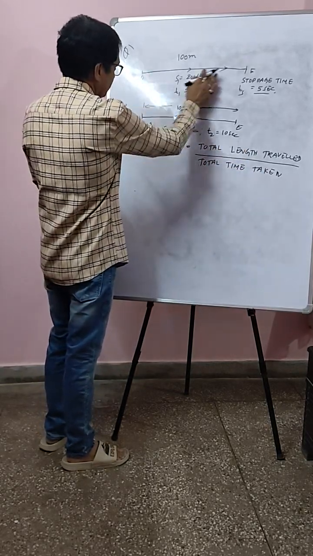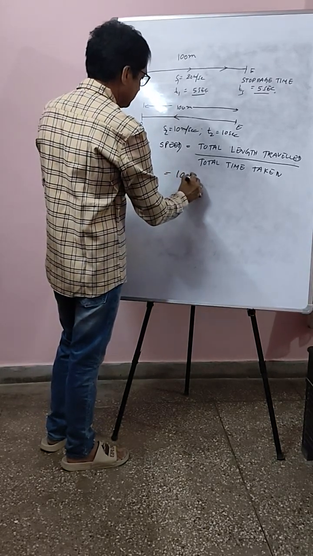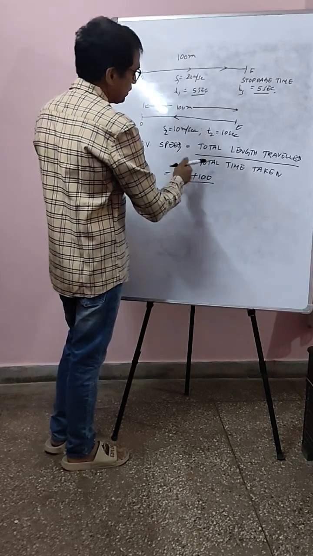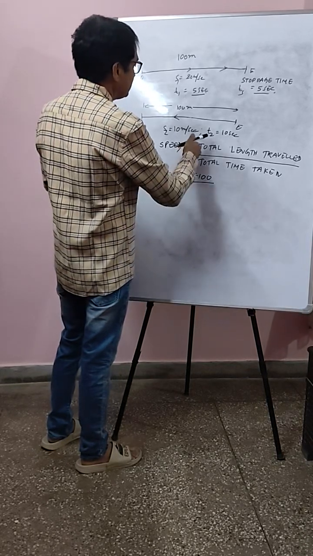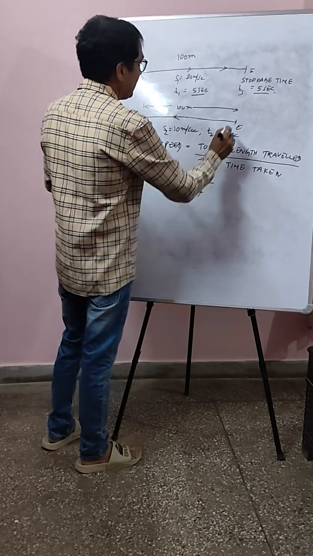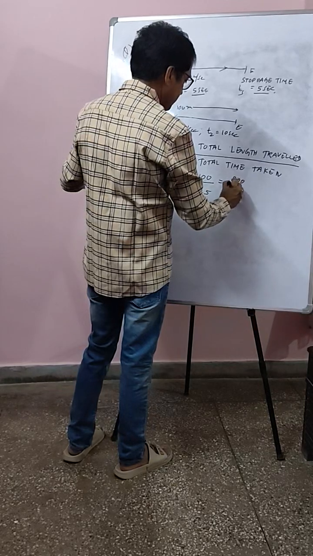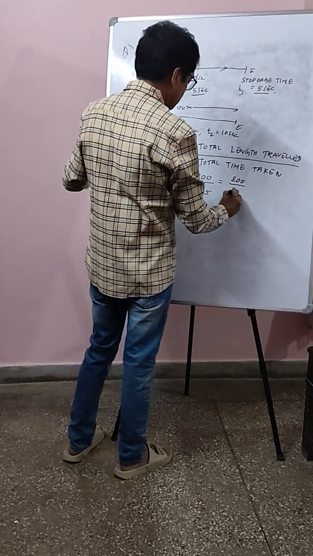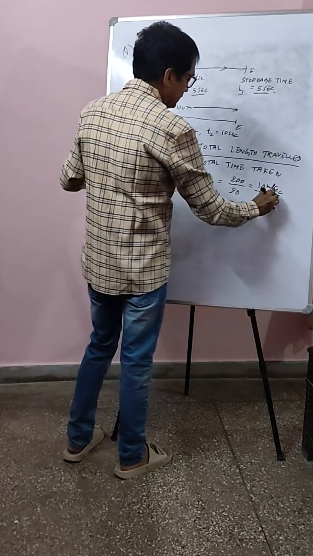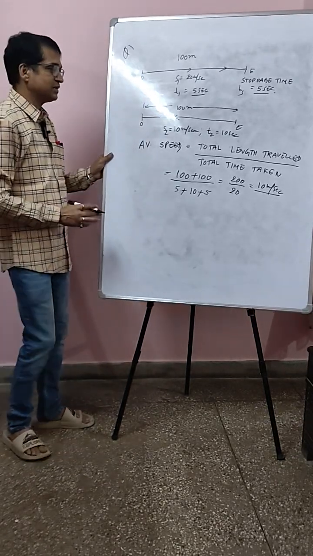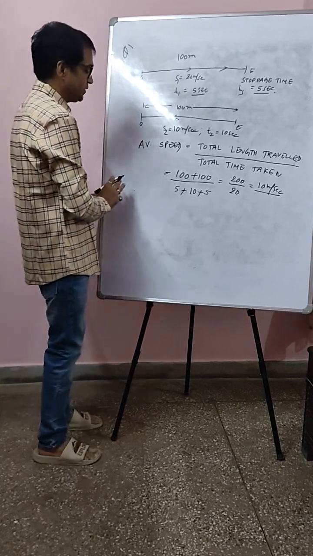The total length traveled is 100 for the forward journey plus 100 for the backward journey, 100 plus 100. Total time taken is T1 equals 5 seconds, T2 equals 10 seconds, and stoppage time equals 5 seconds. So we get 200 upon 20, which equals 10 meters per second as the average speed.